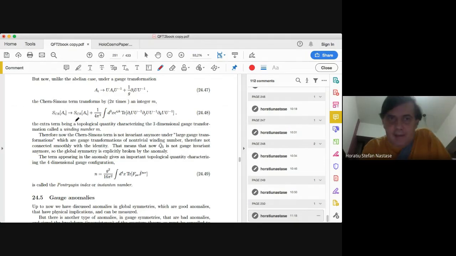So this winding number is a three-dimensional topological quantity in 3 Euclidean dimensions, in spatial dimensions i, j, k. But this trace F mu nu F tilde mu nu is a 4-dimensional topological quantity called the Pontryagin index, or the instanton number.